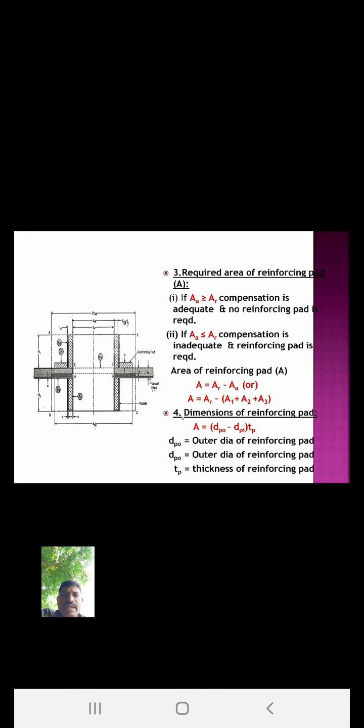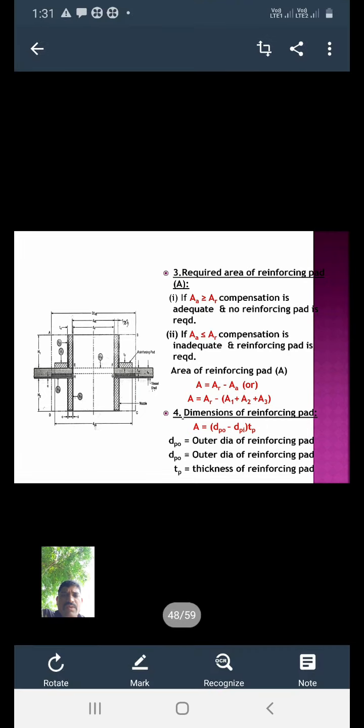Okay, then next is the dimension of the reinforcing pad. How to calculate the dimension of the reinforcing pad? A is equal to (DPO minus DPI) into TP, where DPO is the outer diameter of the reinforcing pad, DPI is the internal diameter of the reinforcing pad, TP is the thickness of the reinforcing pad.